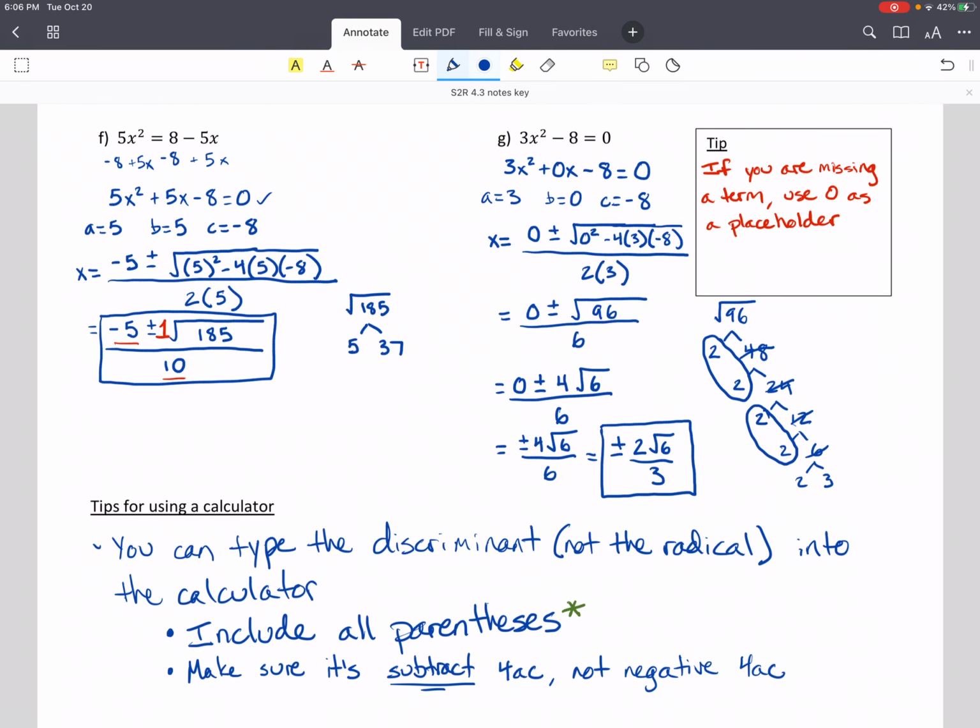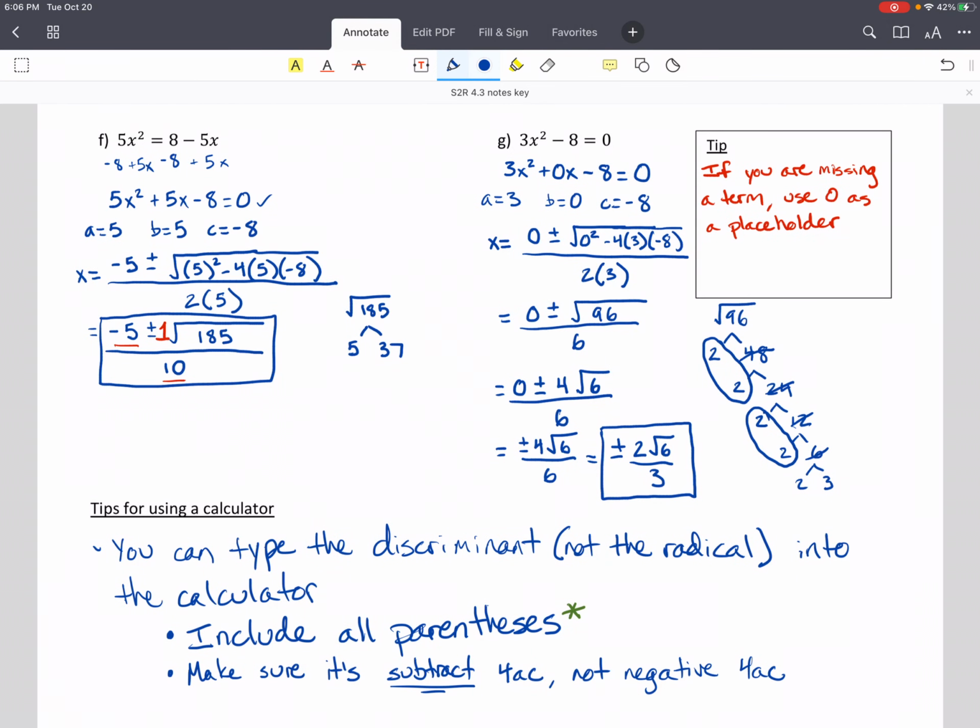Yep, that's pretty much all I have for you. Just remember, I would point out with this last example, I hope you noticed that this root 6 was left alone. I'm going to rephrase that.